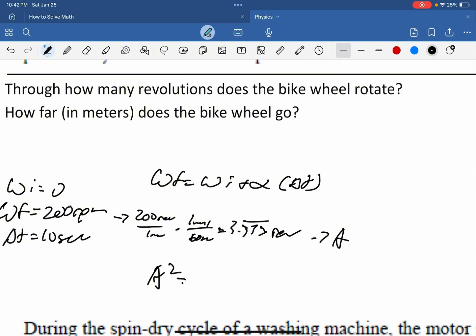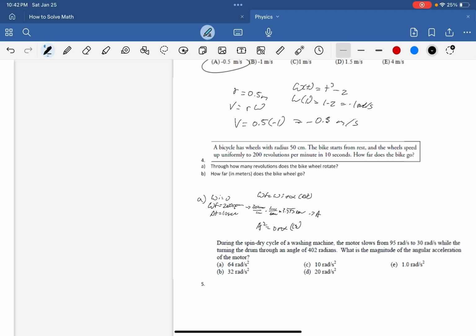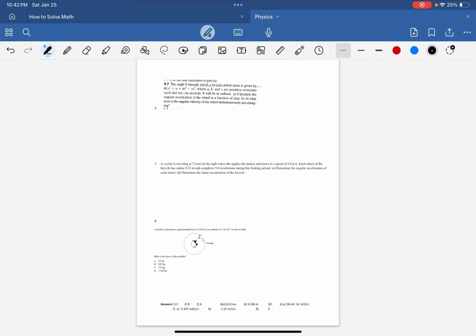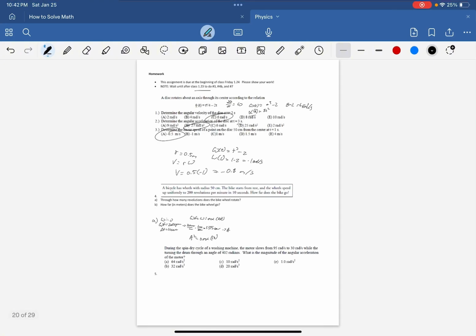So A is equal to 0 plus alpha times change in time, which is just 10. And then divide by 10. Ooh, is that true? No, I messed up.